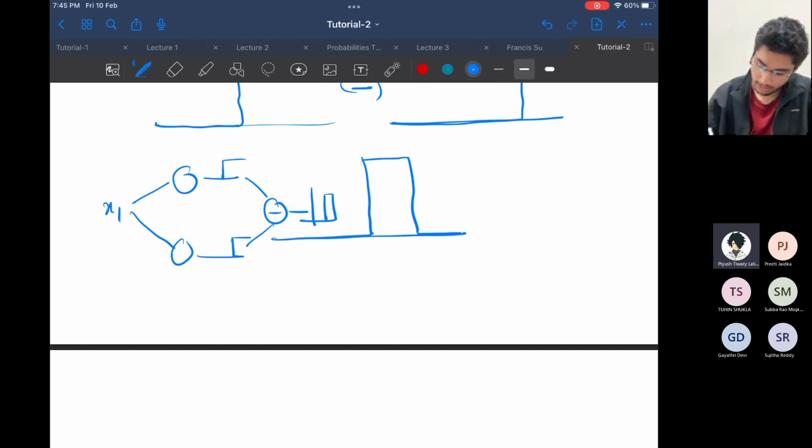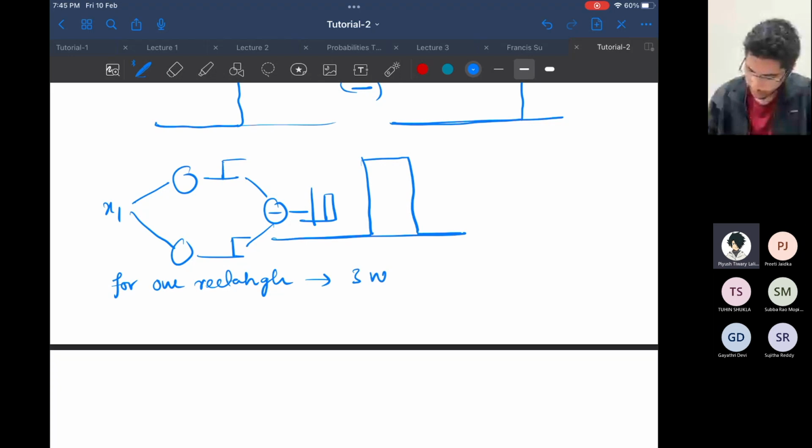So for one rectangle, three neurons are required. And you have been given how many rectangles? 150 rectangles.